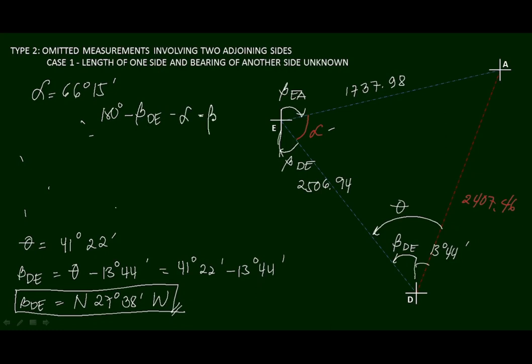Yan ngayon yung magiging bearing ni EA. Tama? So, that is 180 degrees minus bearing of DE. That is 27 degrees 38 minutes minus my alpha 66 degrees 15 minutes. That is now the bearing of EA.